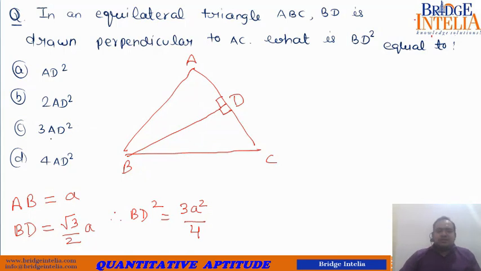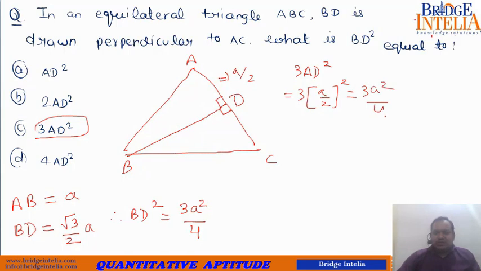Let's give this a try, because this involves 3. So 3AD square. AD is A by 2. So 3AD square is equal to 3 into A by 2 whole square, so 3A square upon 4. So this is the option that fits the description.